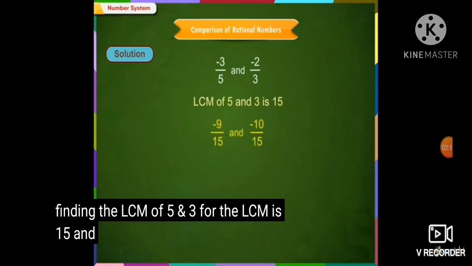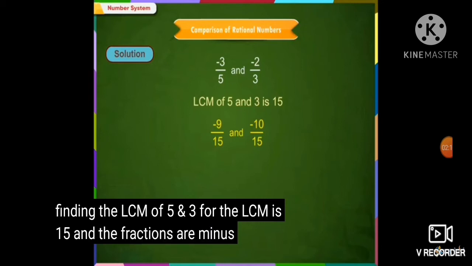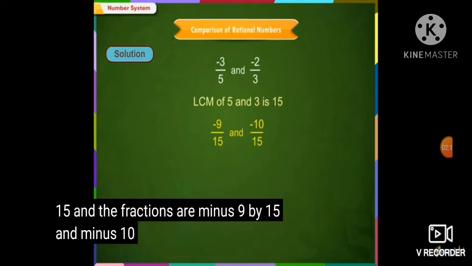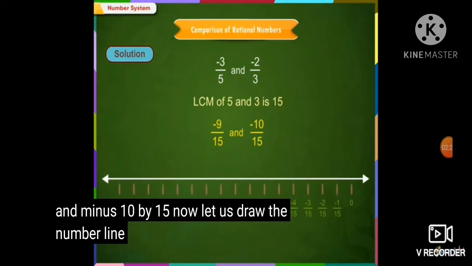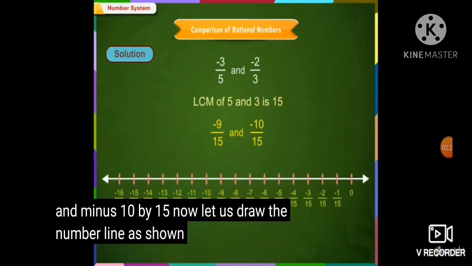Now minus 9 by 15 and minus 10 by 15. After multiplication by the LCM, you can make them like denominators, like rational numbers. Now it is very easy to represent on the number line.